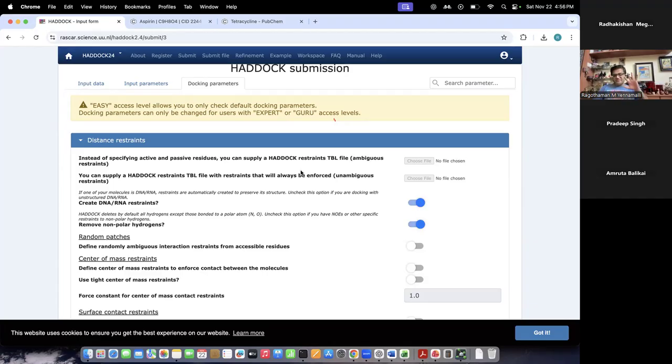It will give you the 5 best models in each cluster, and you can take the top ranked model, or you can look at all 5 models and select which one is biologically meaningful, meaning that it makes sense in terms of interacting with the residues and what is expected.